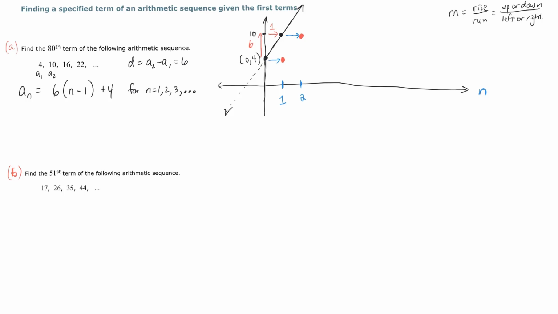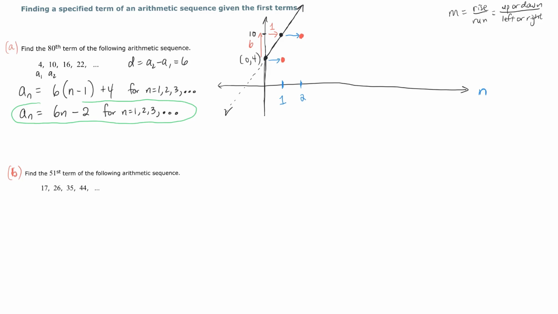Even though that is not my final answer, it's very important that I show that piece of evidence. This is now 6n minus 6 plus 4, so it's 6n minus 2. Once again, write the domain, n equals 1, 2, 3, dot, dot, dot. I'm going to circle this, even though I'm not done, because I'm going to need this.